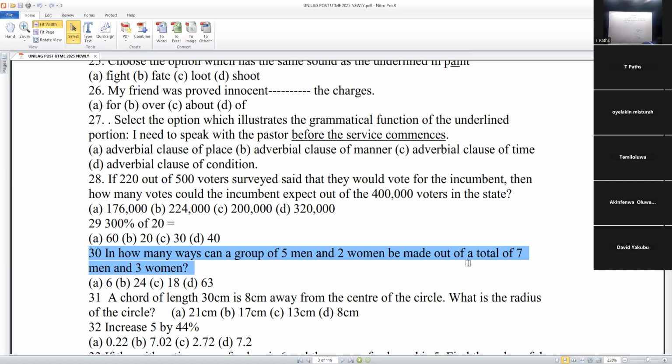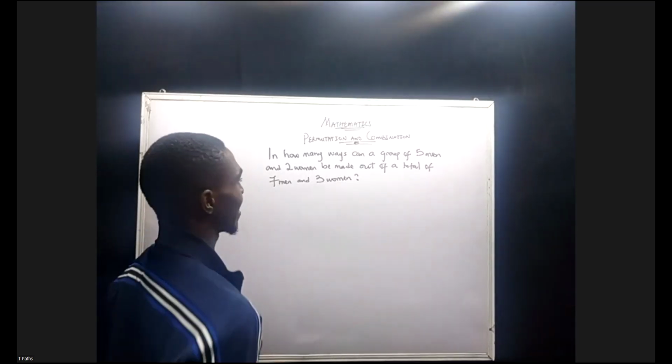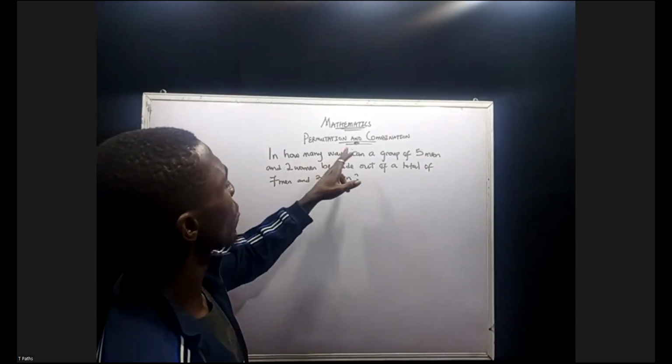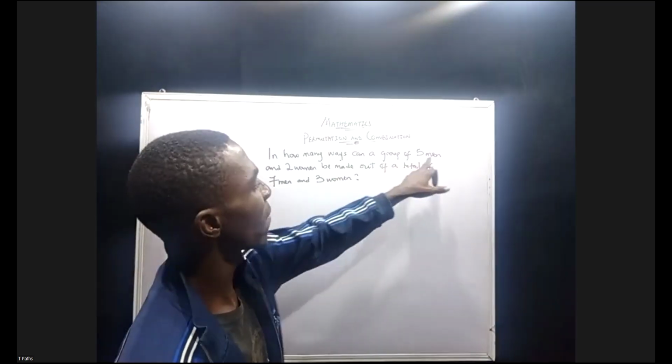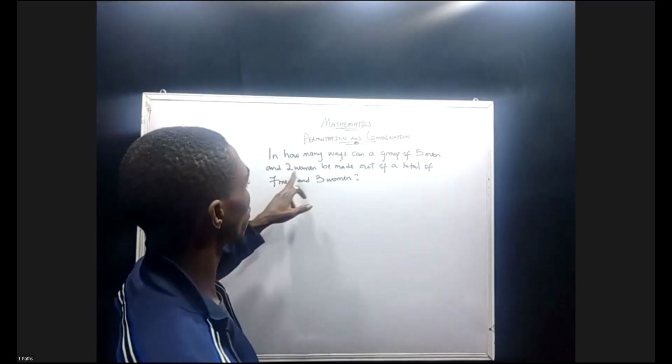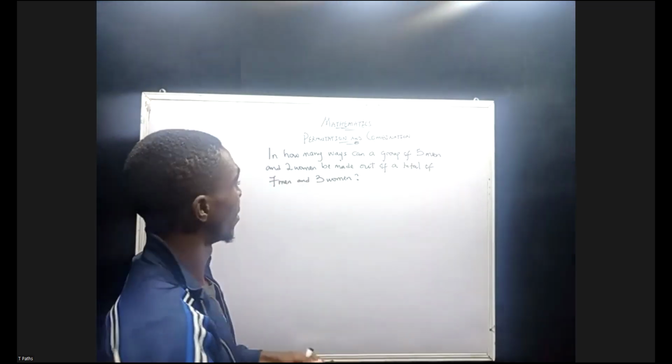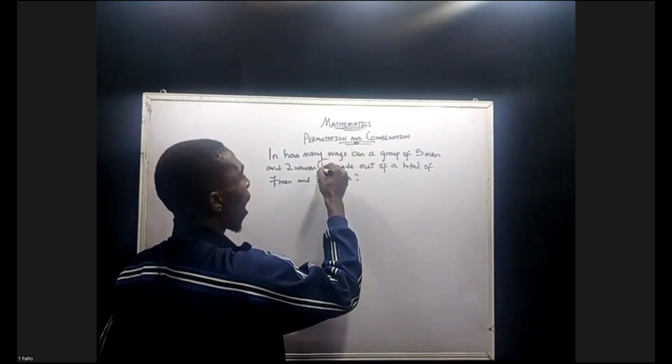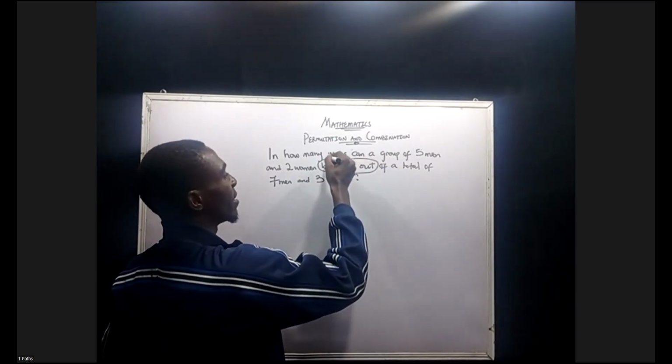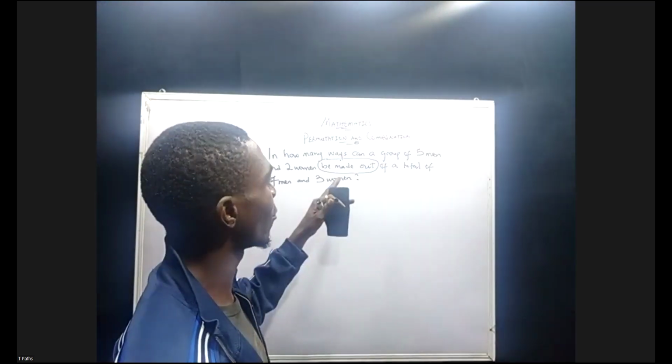Now, here comes the solution. Follow me up, class. In how many ways can a group of 5 men, 2 women be made out? You can see that encircled line.